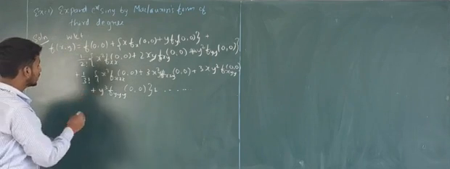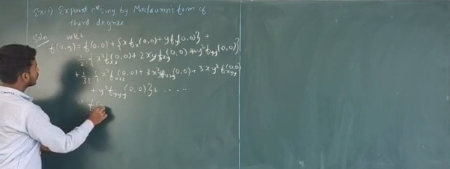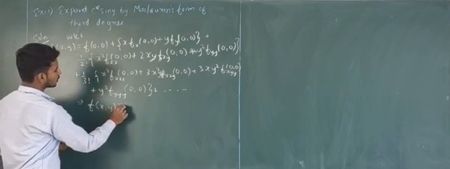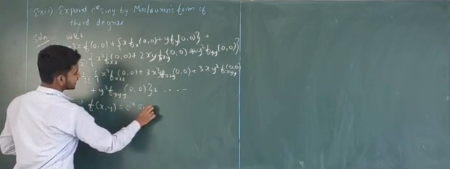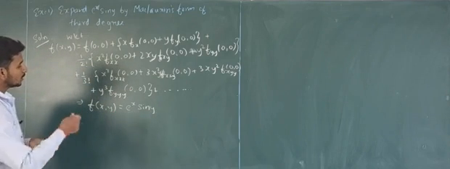What is given here, we consider the function f of x comma y equal to e raised to x sin y, by the Maclaurin's form.